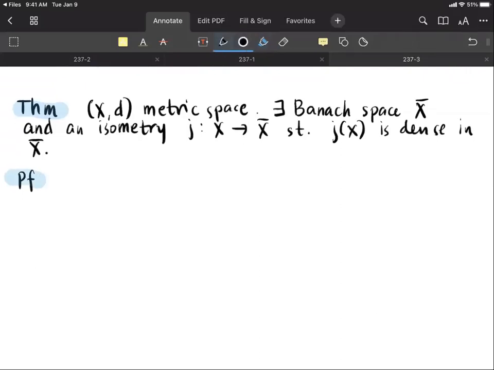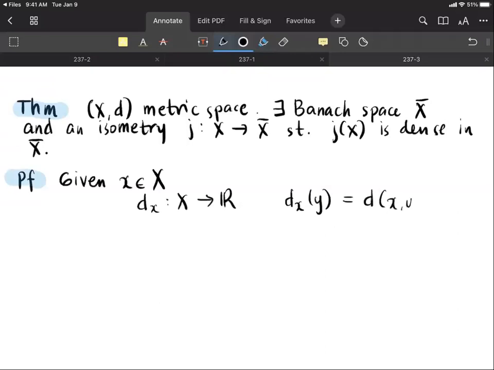So let us look at the proof. Okay, so given an element x in the metric space, we define a function e sub x. So this is the distance relative to the given point x. So if I take a value y, I just compute the distance between the point x and the argument y.